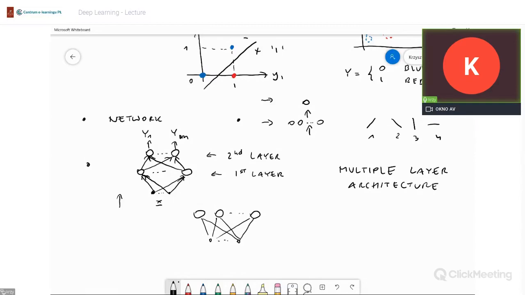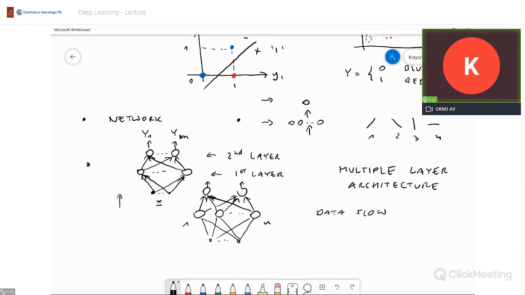Let's say I have n neurons in this first layer, from 1 through n. And once these neurons process this information, they will forward outputs to the second layer neuron. So this is a data flow, and the result of this processing is a result of processing of a network.